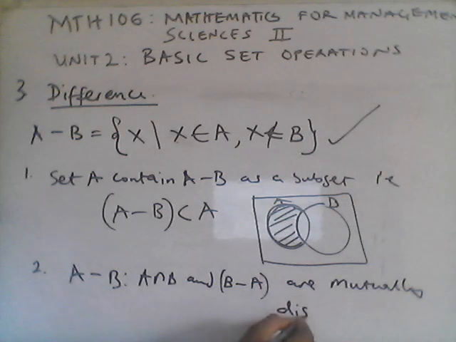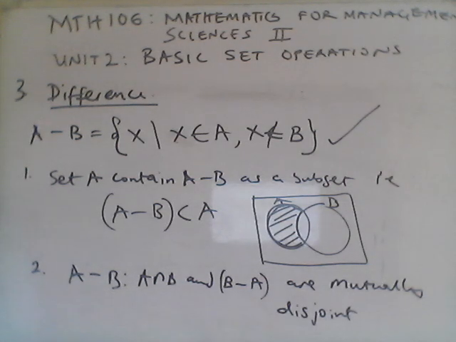A disjoint set is a set where there's nothing in common. So that means the intersection is a null set.